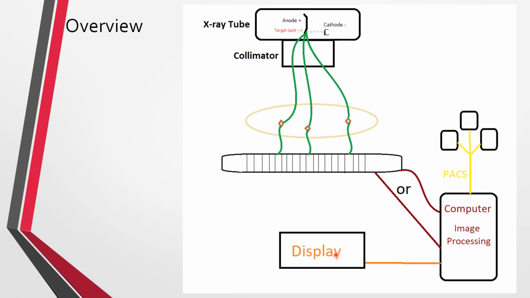That can be displayed where the operator can see it. It can be approved or rejected or whatever. It can be manipulated in different ways, and we'll talk about all those different manipulations in future videos. And then it can be sent to network computers. The system that we use is called PACS, Picture Archiving and Communication System, and that can be pulled up and looked at by other individuals.